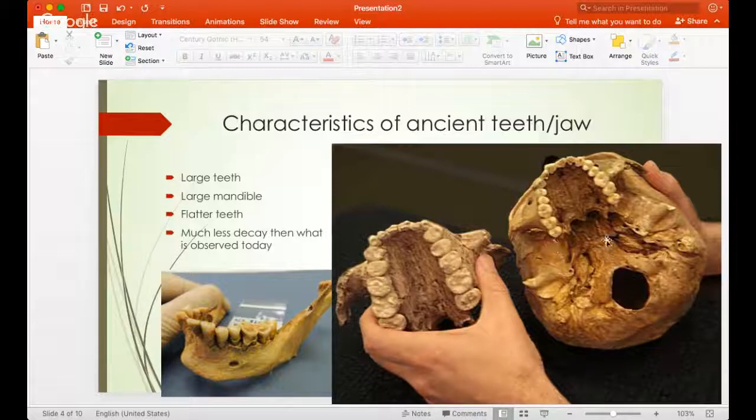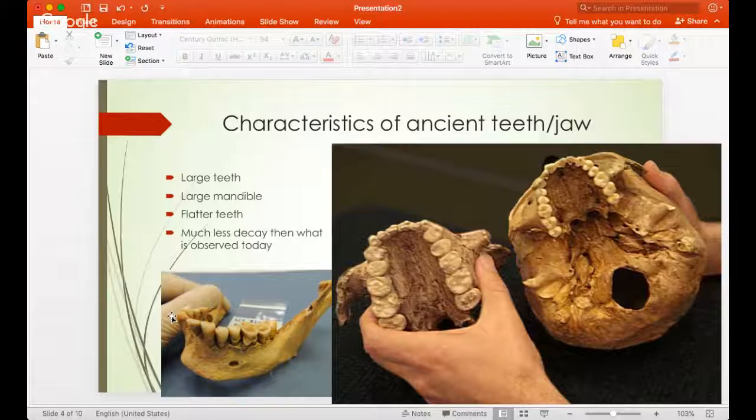You can see here, with this comparison between one of our older relatives and one of our closer relatives, that the size difference is quite stark. In this picture, you can see that the mandible is also quite large. And especially in this picture, you can see that these teeth are just insanely flat.